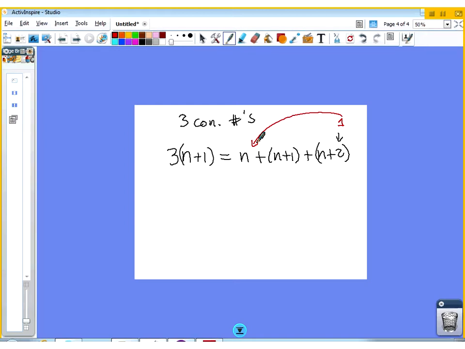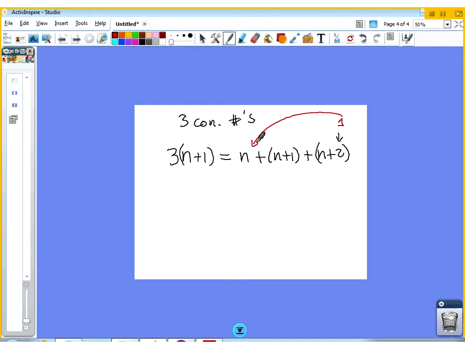That's why 3 times 1 plus 1, which is 6, is the first one. Because n has to be at least 1 for this pattern to work, because we started with counting numbers starting at 1. If we had gone down to numbers below 1, we could have maybe done something different. Okay, so for 3 consecutive numbers, it's a multiple of 3, starting at 6.